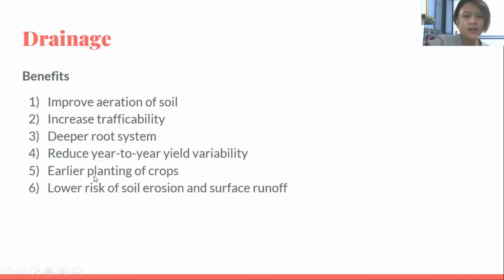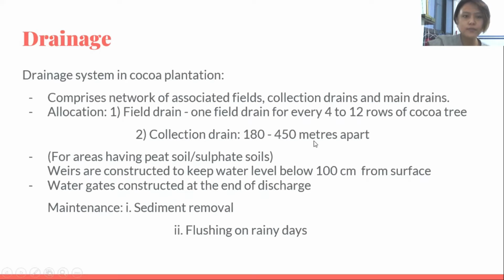And number five, earlier planting of crops. This can happen because of the removal of moisture from the soil. When the excess moisture is removed, we can plant crops earlier. Last but not least, it can also lower the risk of soil erosion and surface runoff.